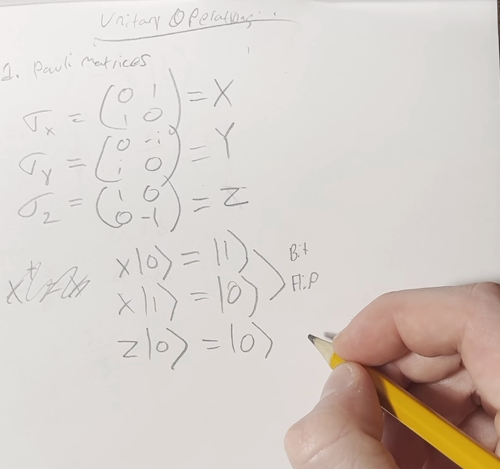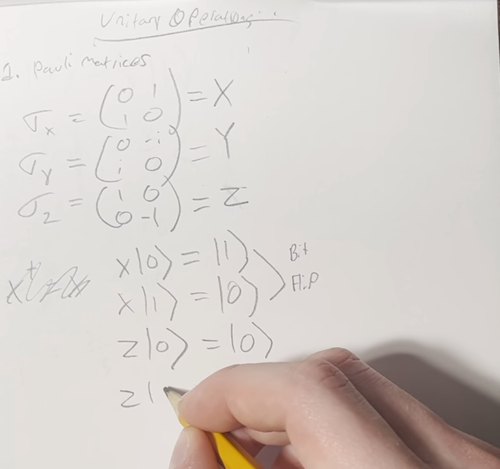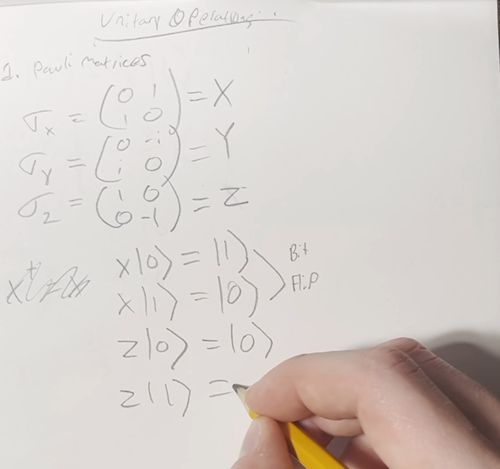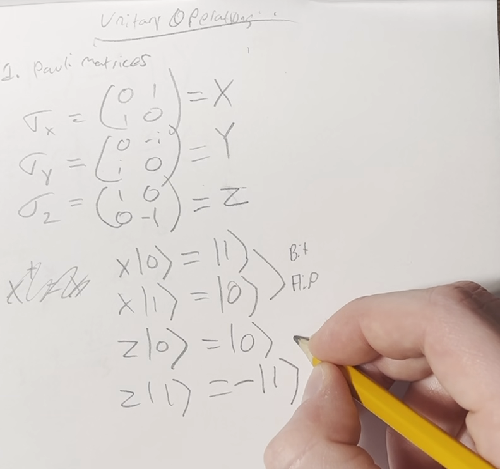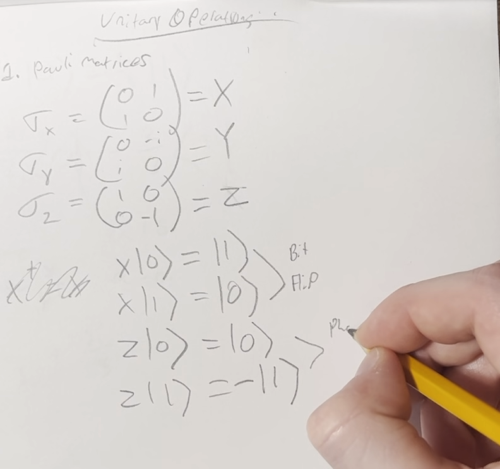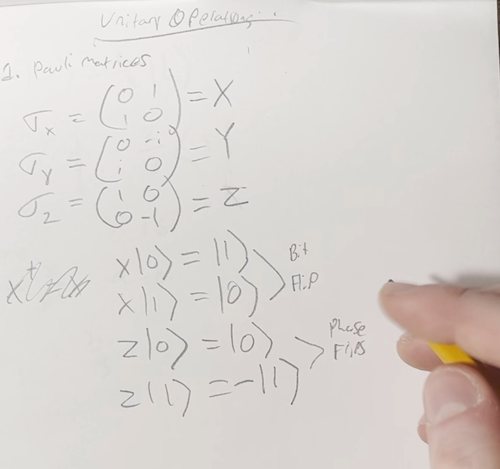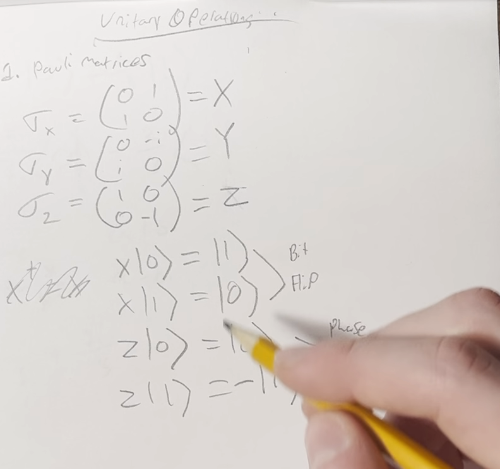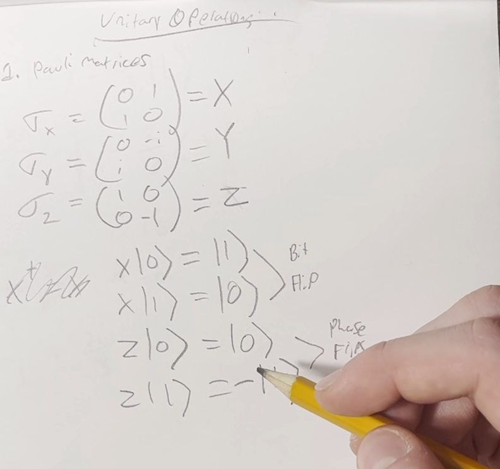So ket 0 is still ket 0, but if we operate on ket 1, we get negative ket 1. And these are called phase flips. So that's what each of these does to a ket, either ket 0 or ket 1.